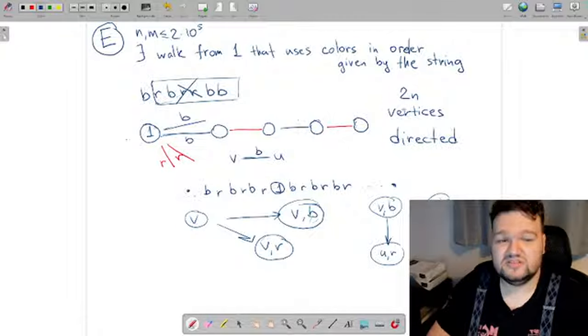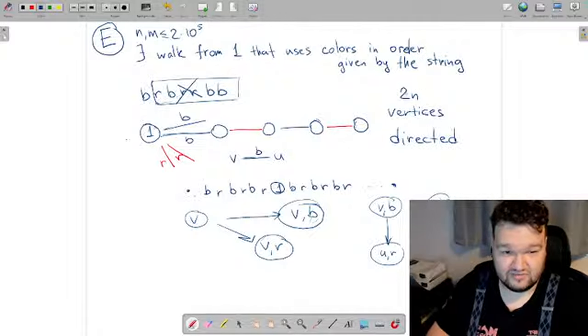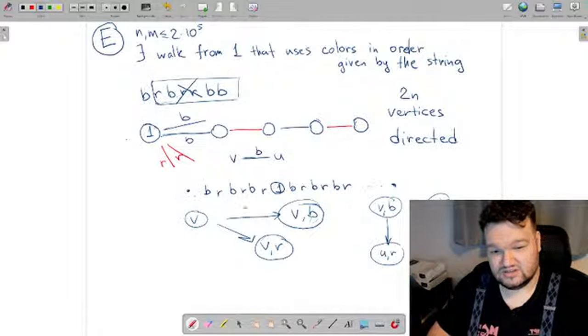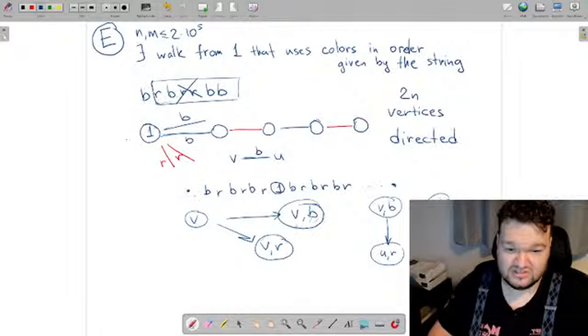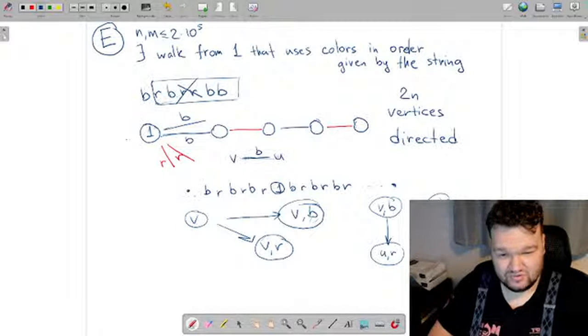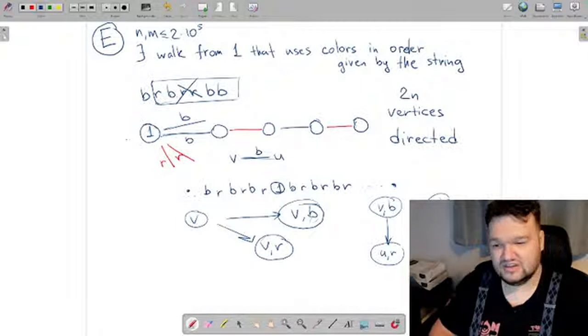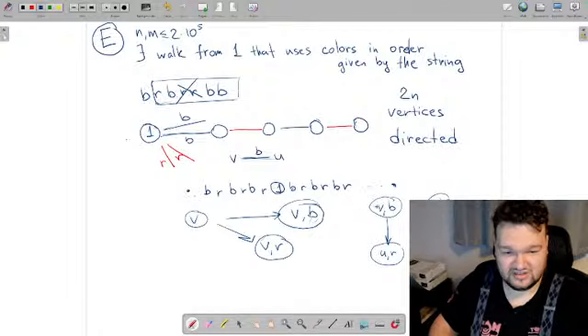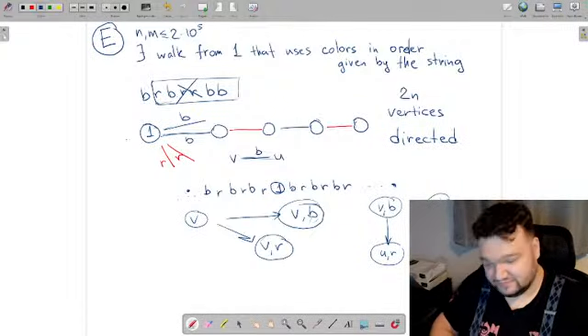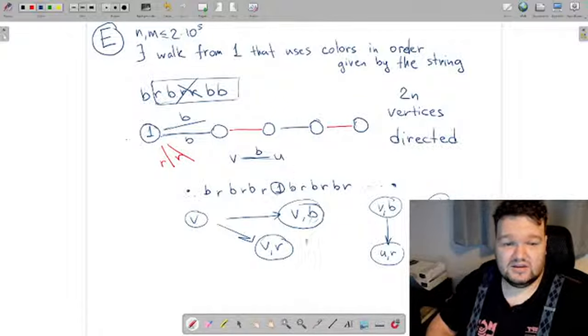So we're building a new directed graph on 2n vertices. Each vertex of the original graph corresponds to 2 vertices, v blue and v red. If we had a blue edge vu, we create 2 directed edges like this. And if we had a red edge, similarly, v red to u blue and u red to v blue.